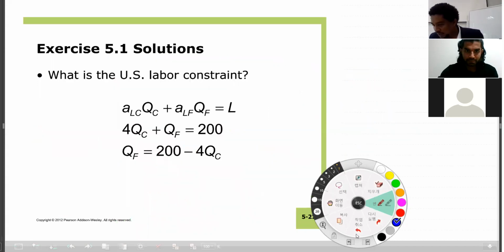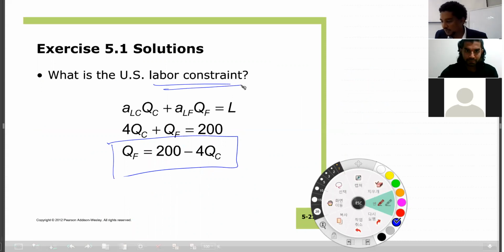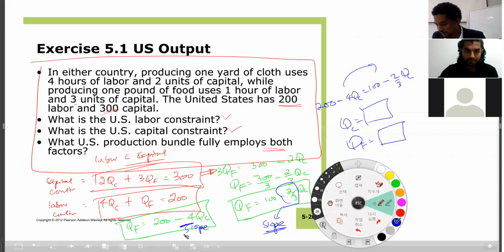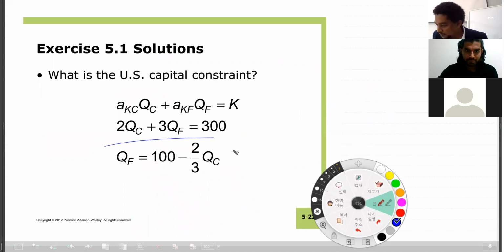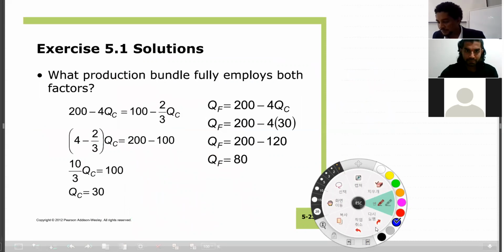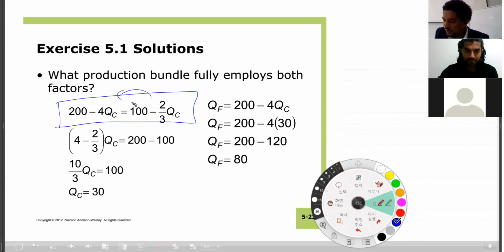So let's see. This is for the labor constraint, okay? The same thing we have here, right? And we have this for the capital constraint, okay? Then you substitute here. So this is 4 minus 2/3 and 200. Then this is a simple equation, right?